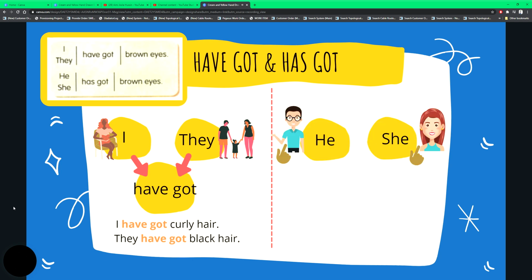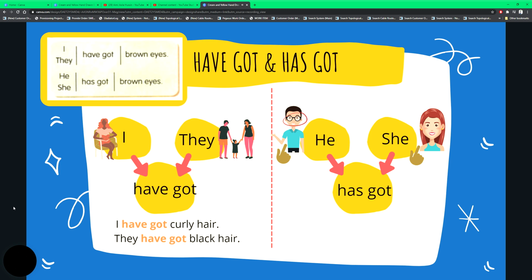If you want to describe a boy or a girl, a woman or a man, you use he or she. You want to point to that person, use he or she. So for he and she, you need to use has got. He has got. She has got. Look at the boy.